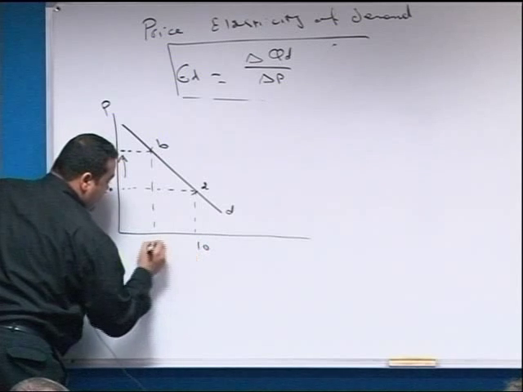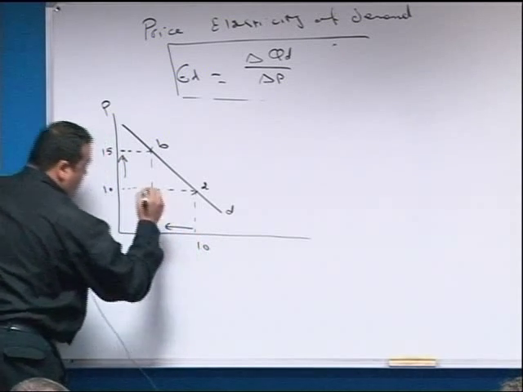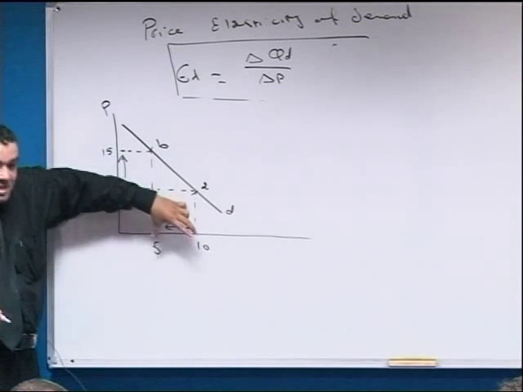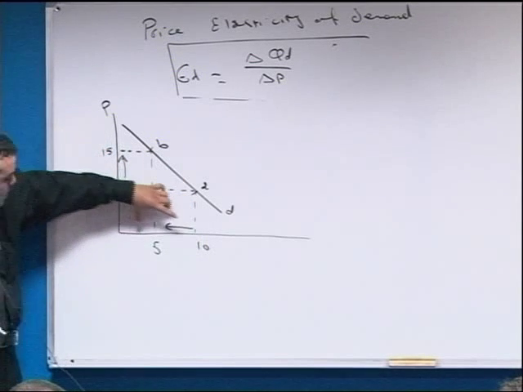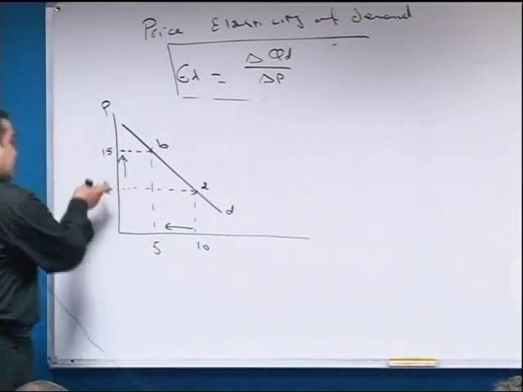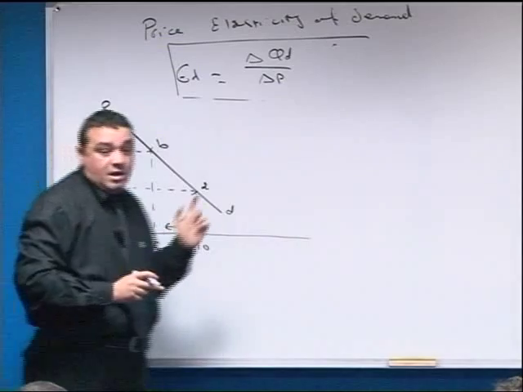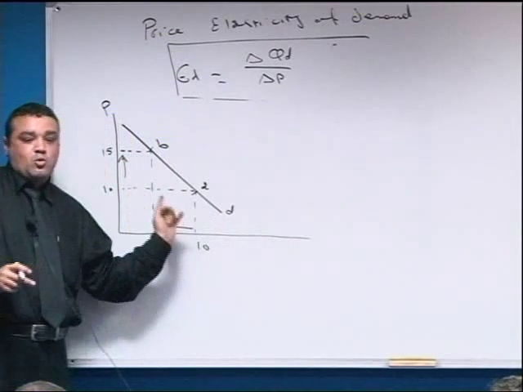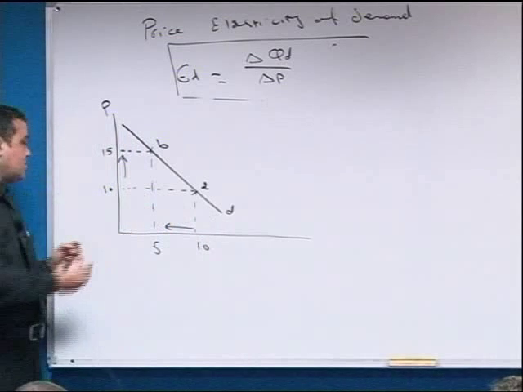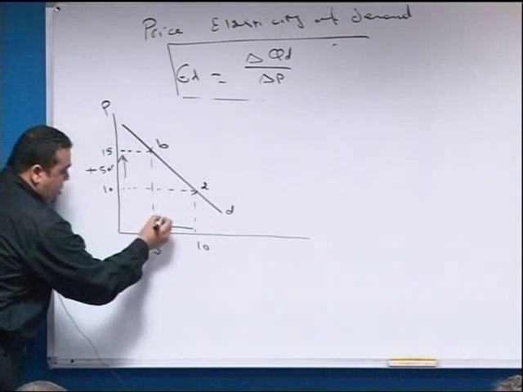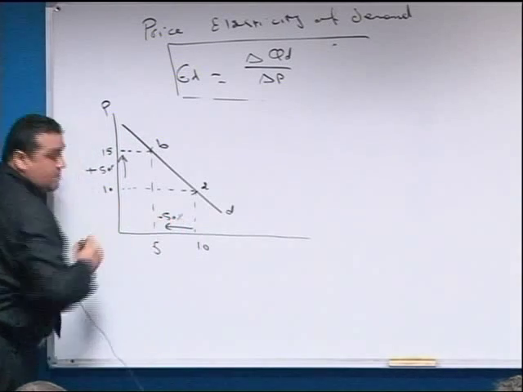The increase in the prices equals the reduction in the quantity demanded. So an increase by 50% in the prices leads to the same reduction in the quantity demanded by 50%.